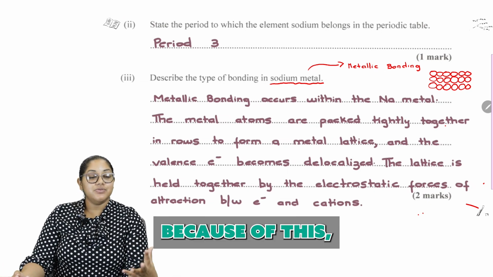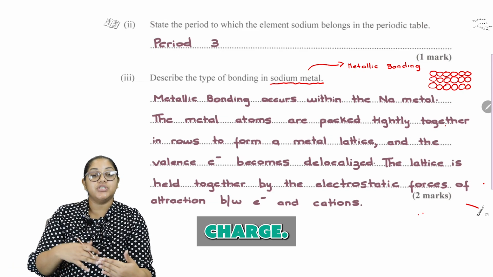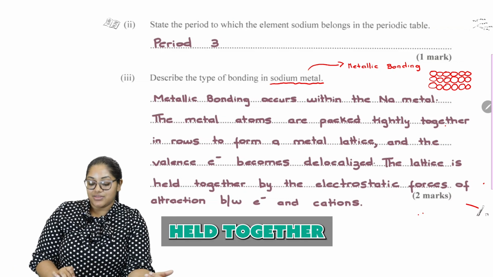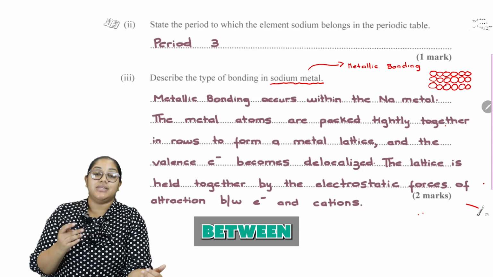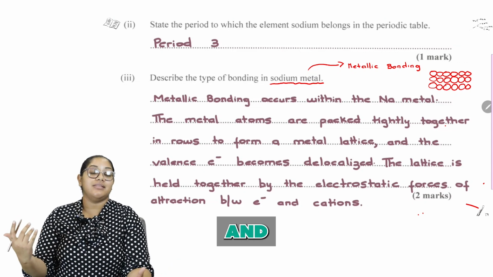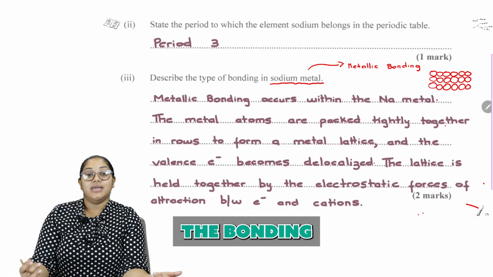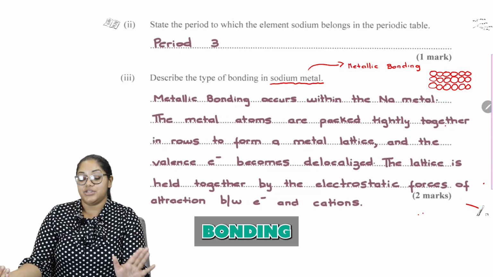So because of this, we now have the formation of ions, which have a positive charge, and the negative electrons. The lattice is held together by the electrostatic forces of attraction between the electrons and the cations. So this is how you can describe the bonding inside of sodium metal and all metallic bonding in general.